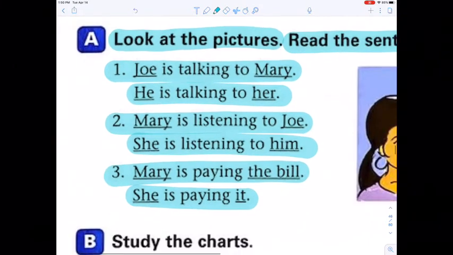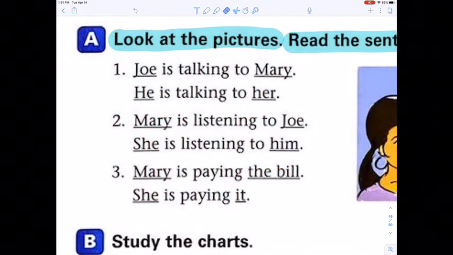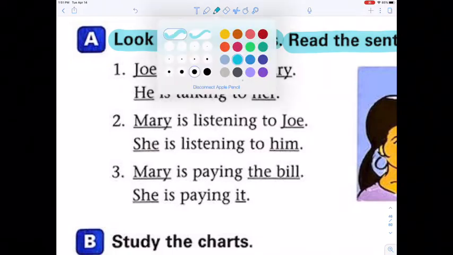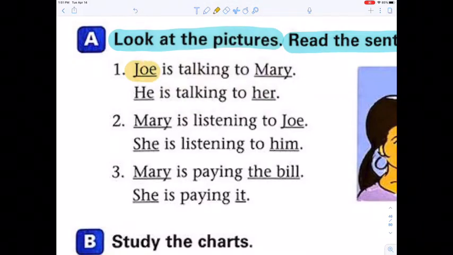Okay, this time, I'll erase these. This time, I'd like us to take a look at the nouns and the pronouns. Okay, so what can you see here? We have nouns. Let's use yellow for nouns. We have Joe and Mary. Mary and Joe and Mary here, right?